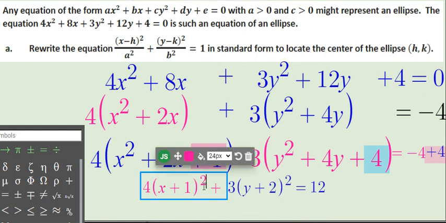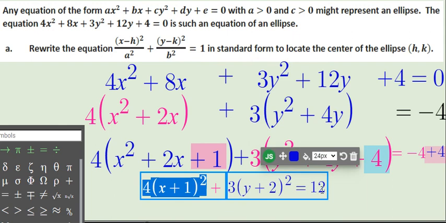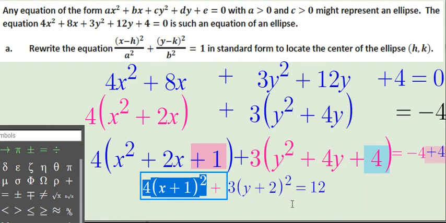Now, since I know that this entire thing needs to be equal to 1, I'm going to divide everything by 12.